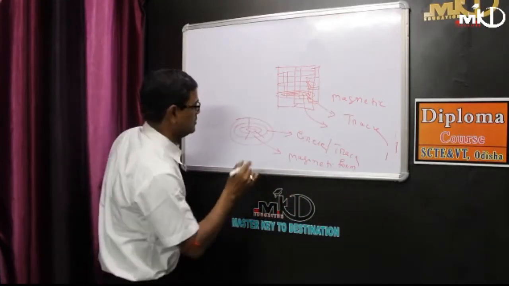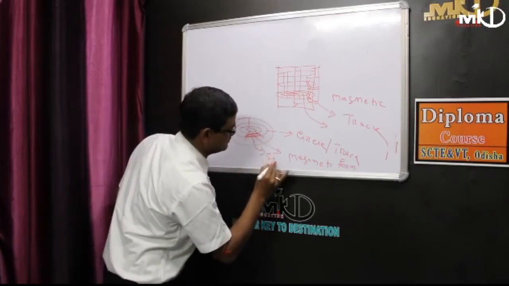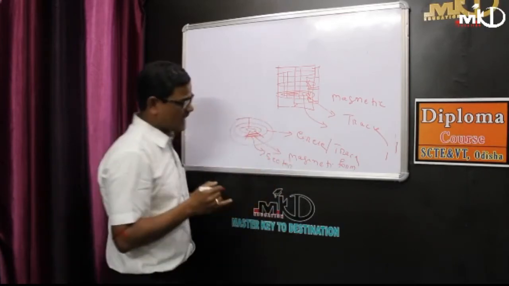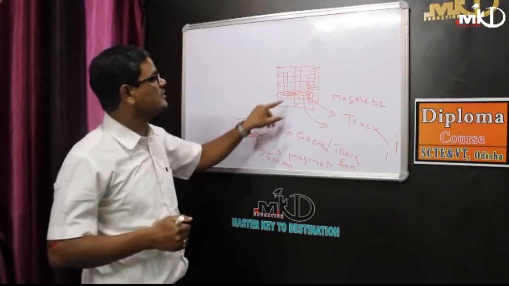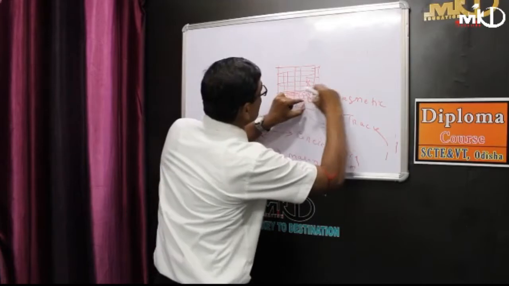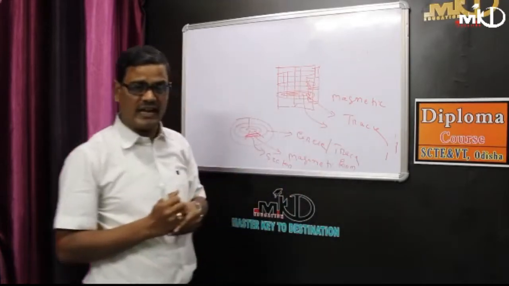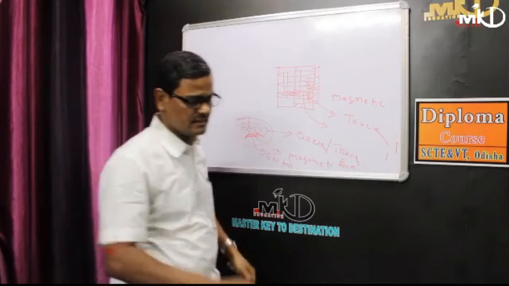This area is called a sector. Data will be stored in the tracks and sectors of the surface of the disk, and data is read and written from the tracks as well as sectors of the hard disk.